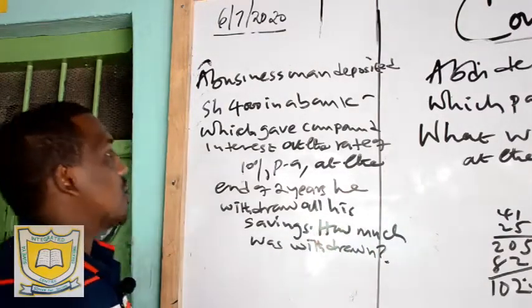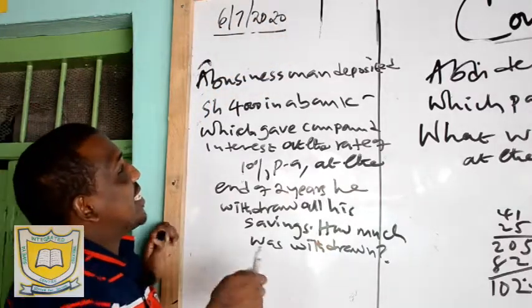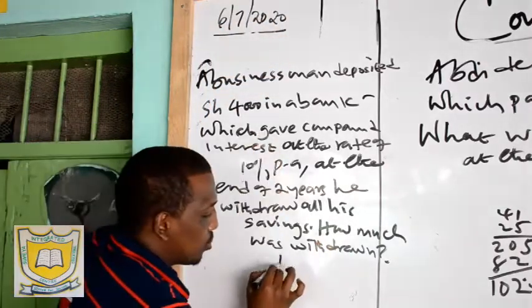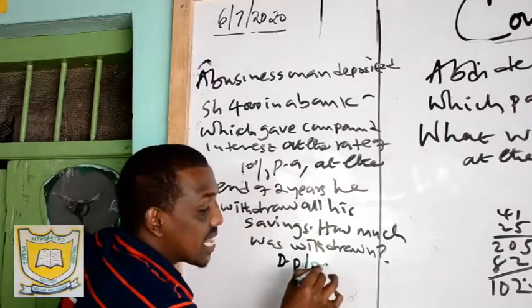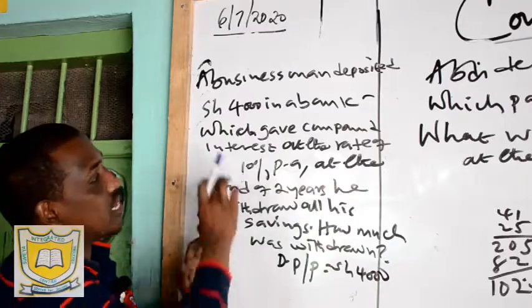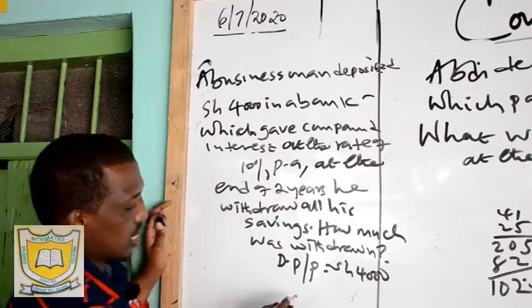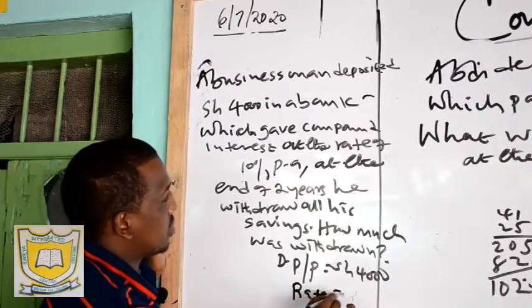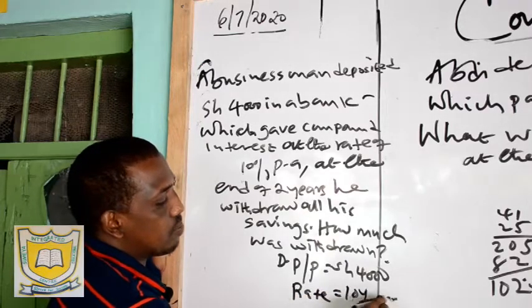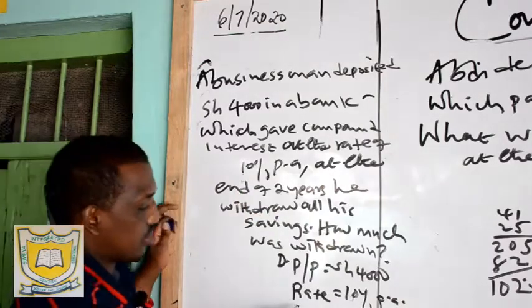You are told a businessman deposited shillings 4,000 in a bank. The deposit is the principal, shillings 4,000. The bank paid compound interest at the rate of 10% per annum at the end of 2 years.